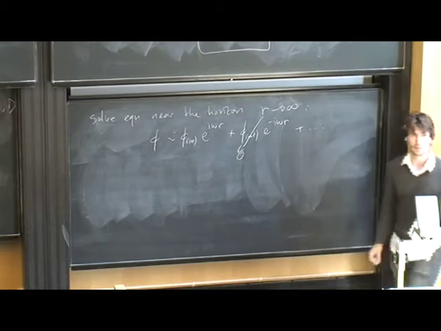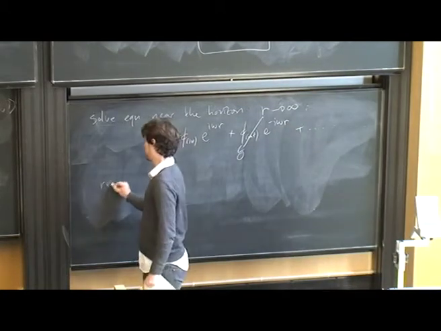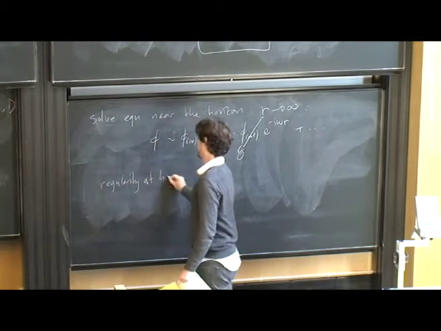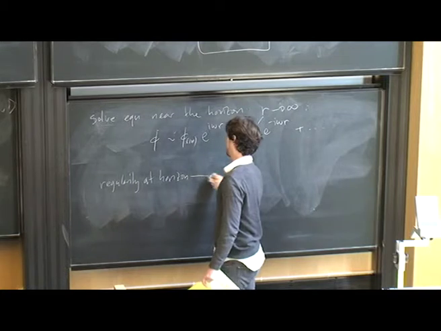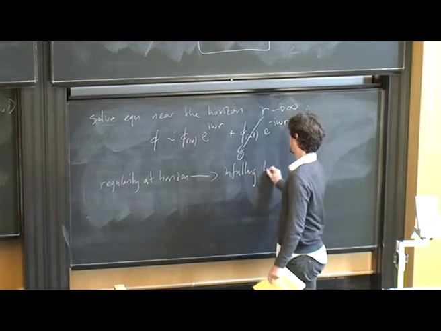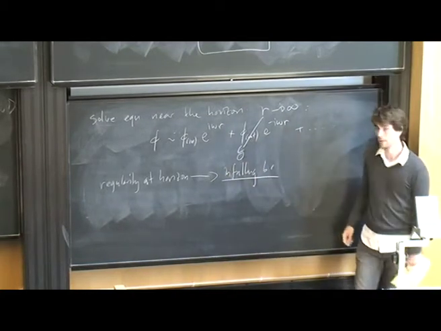It turns out that regularity at the horizon requires infalling boundary conditions. So we have to set that to 0.